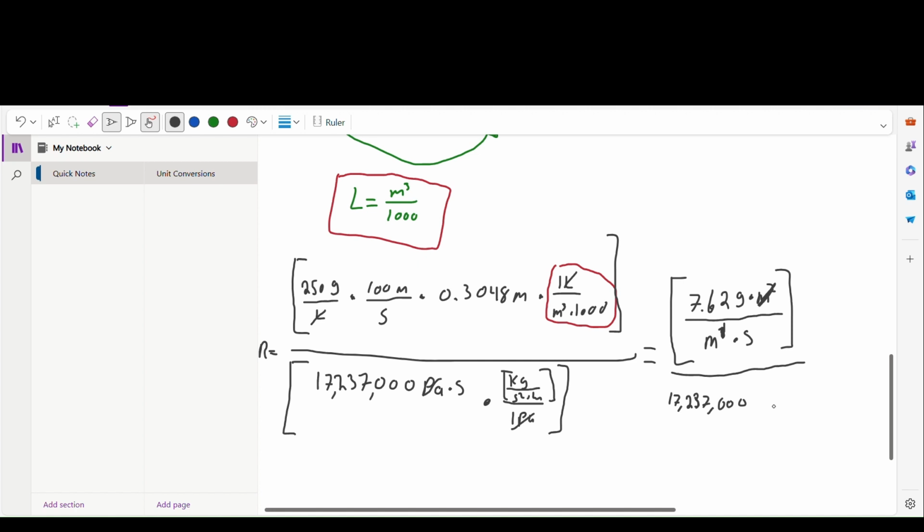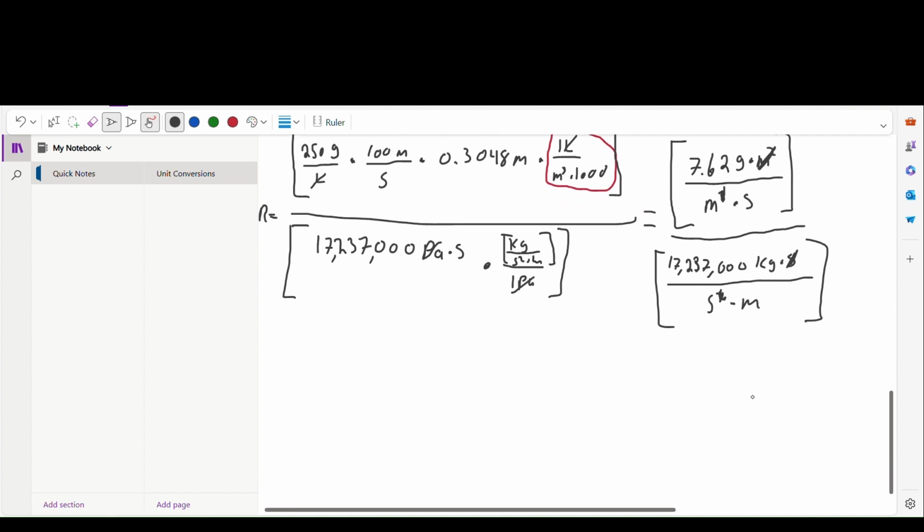This will now be kilogram times second per second squared times meter. Everybody see what I did there? So this second will cross out with one of these seconds, and you will now only have a second in the denominator. Flip the fraction, this fraction rather. Bring it here. Get yourself something that looks nice.